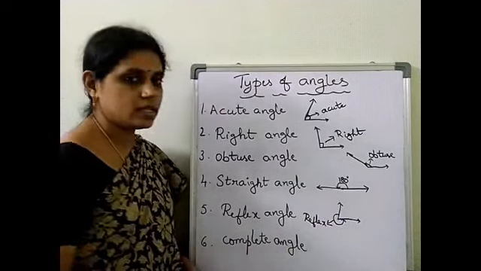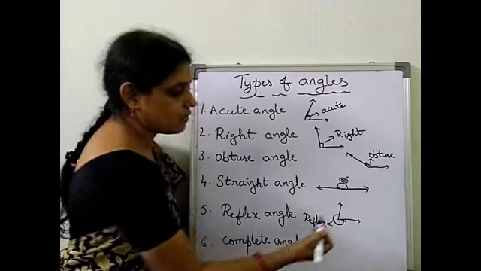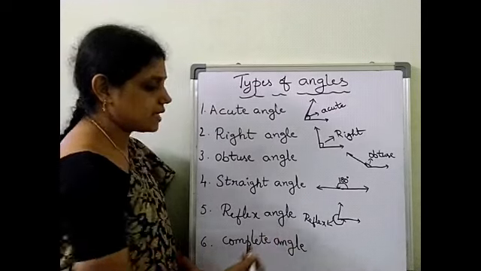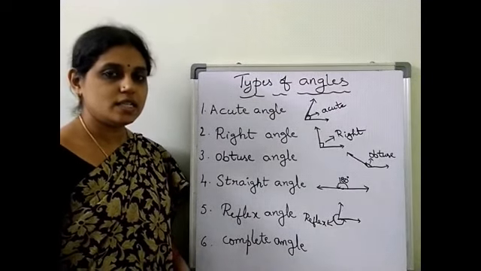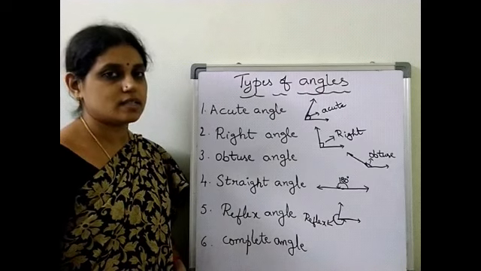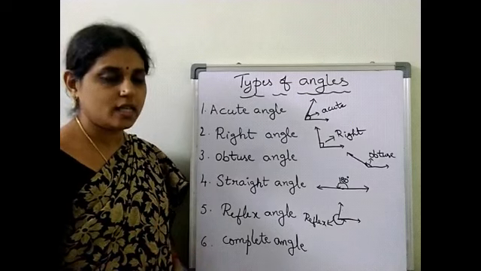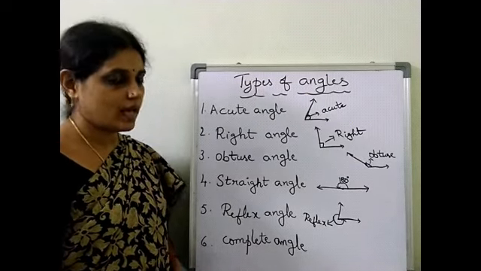Here actually two angles you can see. Here one angle is there, that is acute. This is the reflex angle. Understood? So reflex angle means the measure of the angle between 180 degrees and 360 degrees. If it is more than 180 and less than 360 degrees, then it is called a reflex angle.